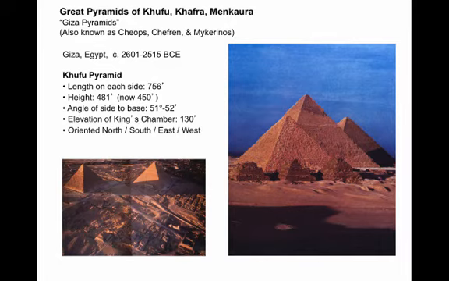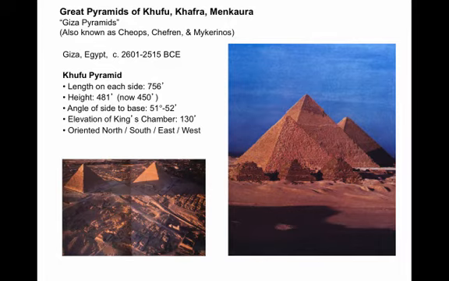They're oriented north, south, east, west. They are built in limestone and were originally covered with highly polished limestone. They're not believed to have been painted, so they would gleam very light gray, almost white in the sun.